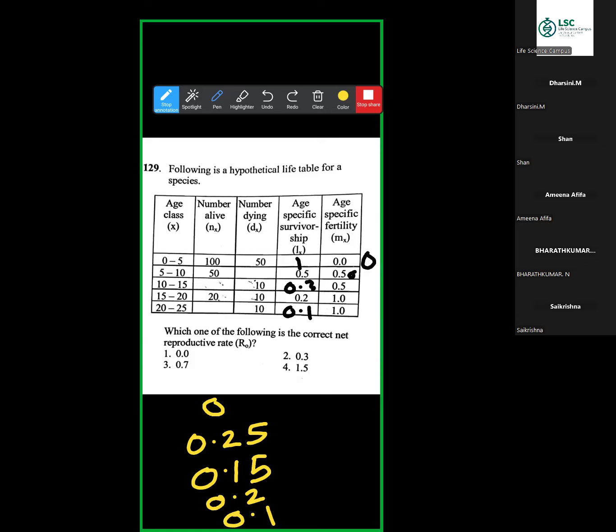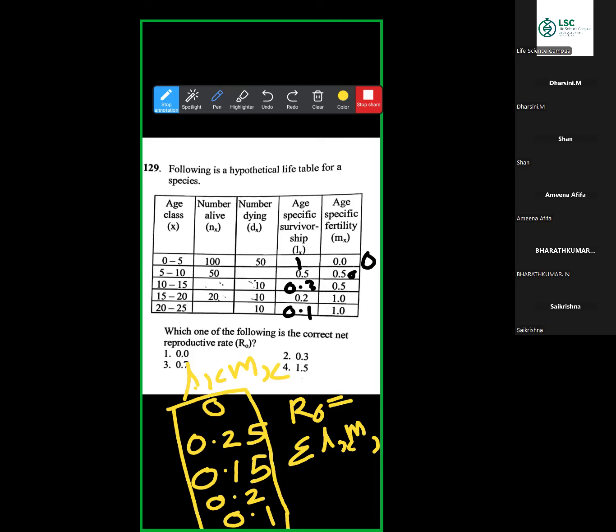Now we have these lx mx values. We know that the net reproductive rate, or R0, is given by sigma lx mx. So now we have to add these numbers: 0 plus 0.25 plus 0.15 plus 0.2 plus 0.1.